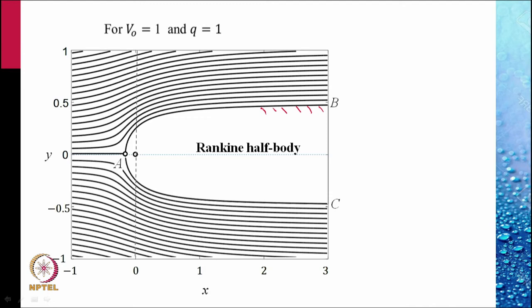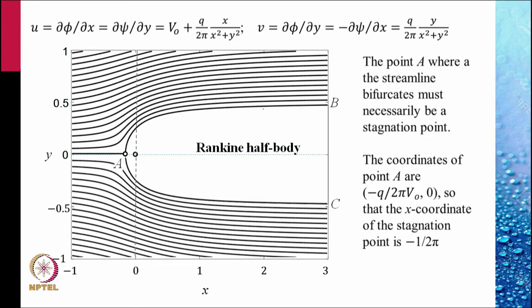And so the potential function and the stream function that we obtained in the last slide can be used to represent the potential flow about this Rankine half body. These are the velocity components u and v that we obtained earlier.